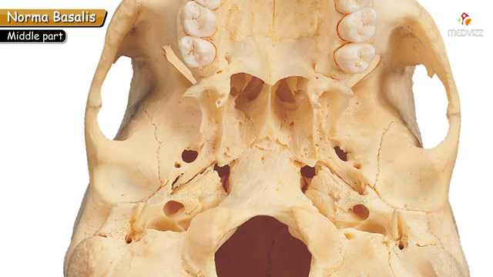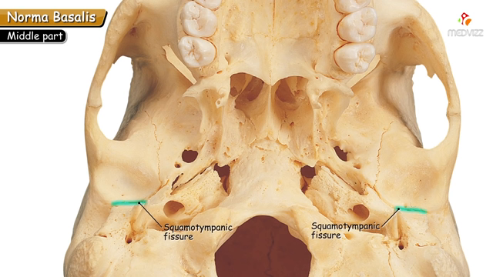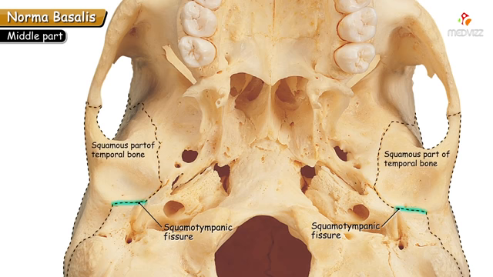Next we shall talk about the squamotympanic fissure. Fissure means a gap between the bones, which is a long gap, not like a foramen, which means a rounded hole. So the squamotympanic fissure is a gap present between the squamous part of the temporal bone and the tympanic part of the temporal bone.